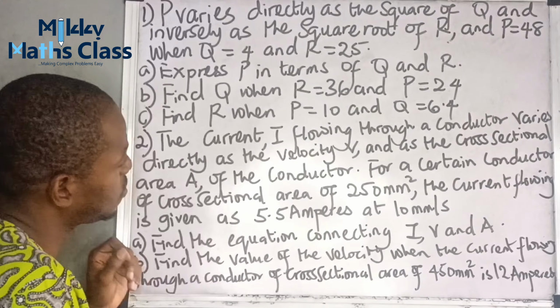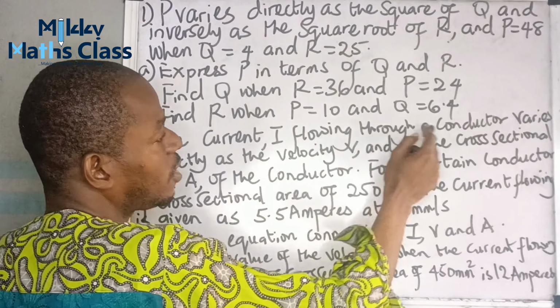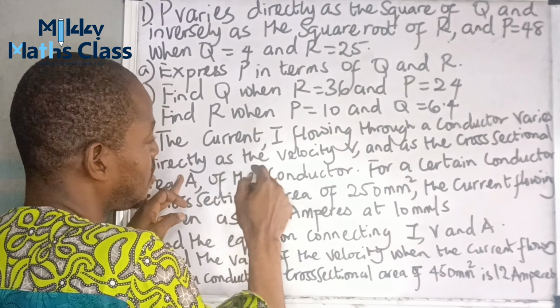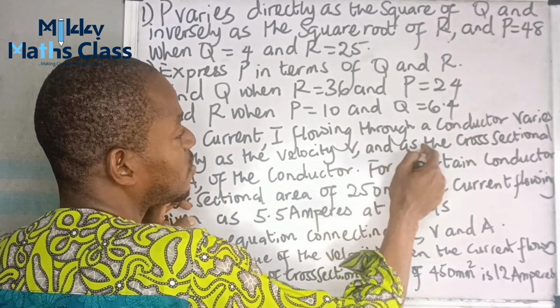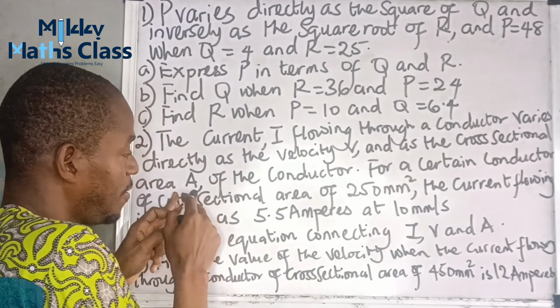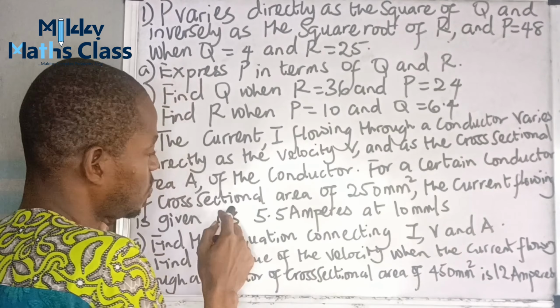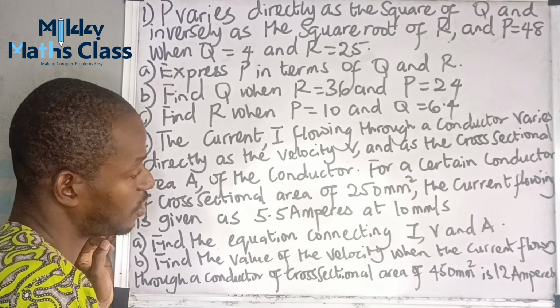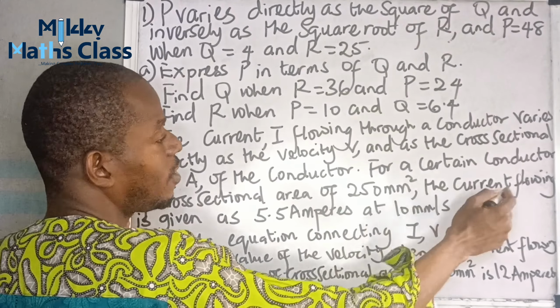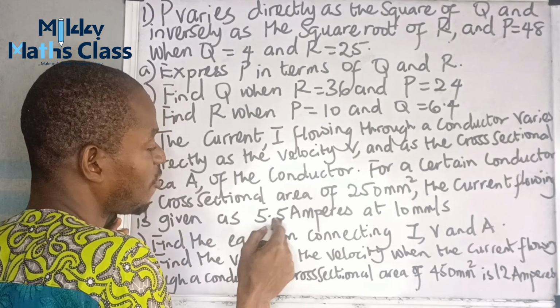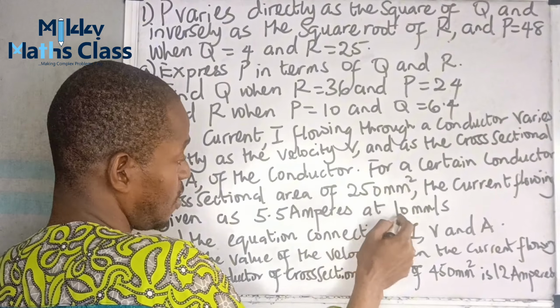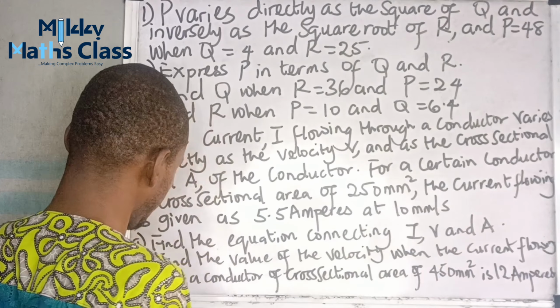The second question says the current I flowing through a conductor varies directly as the velocity V and as the cross-sectional area A of the conductor. It says for a certain conductor of cross-sectional area of 250 mm squared, the current flowing is given as 5.5 amperes at 10 millimeters per second.